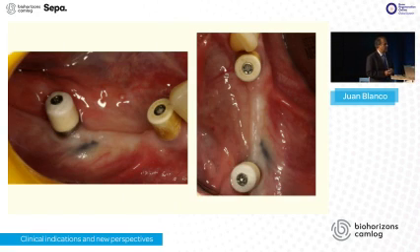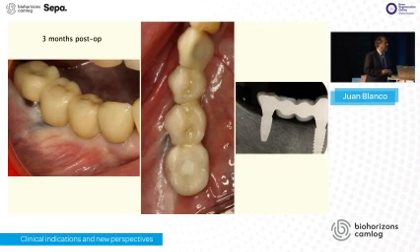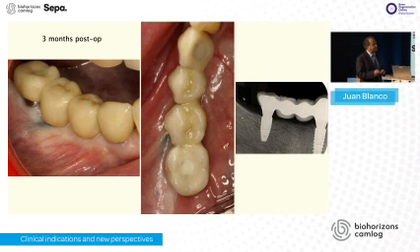And this is once the mucosa heals, and finally 3 months post-op, where you can see, particularly in the occlusal view, where you are seeing clearly the increase of the volume of this mucosa, and probably also this immobile connective tissue beyond the mucogingival line. You can see the X-ray to check the peri-implant crestal bone.